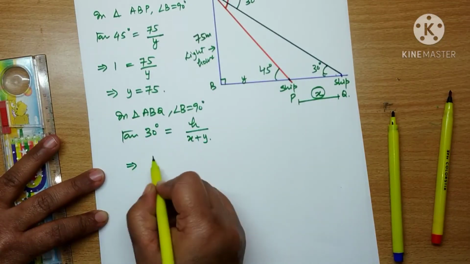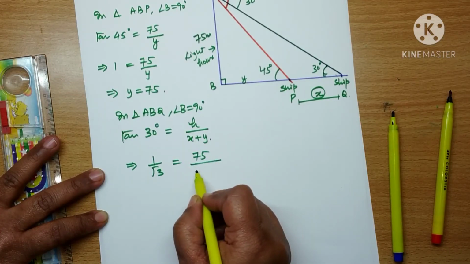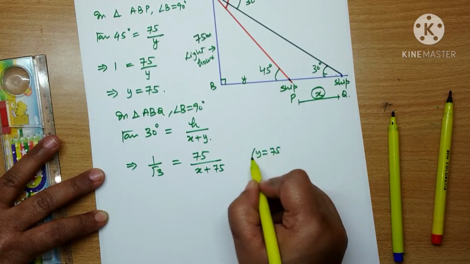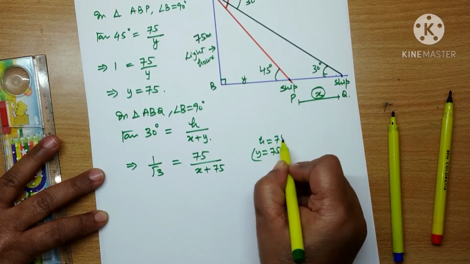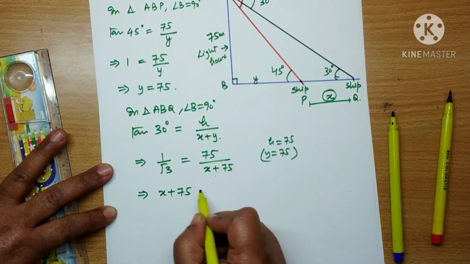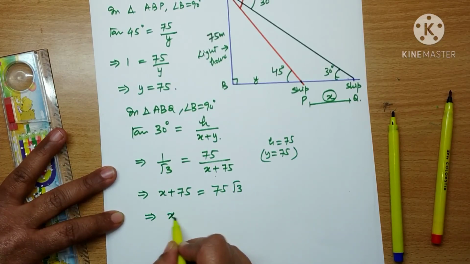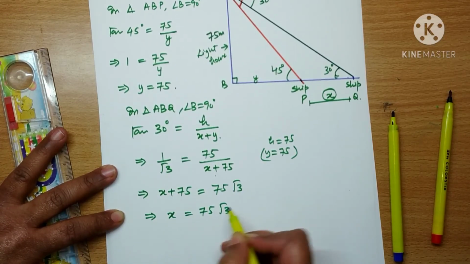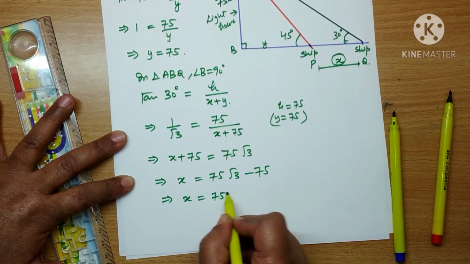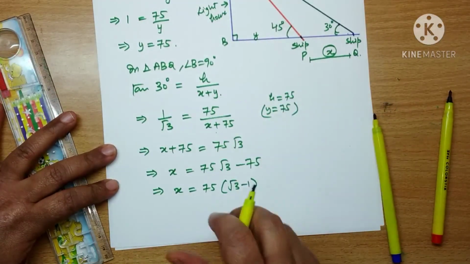Tangent 30 we know is 1 by root 3, is 75 by x plus y, and the y is also 75. Substituted. So I get x plus 75, cross multiply, is equal to 75 root 3. So we get x as 75 root 3 minus 75. So I get x as 75 times root 3 minus 1. So x is the distance between the two ships.